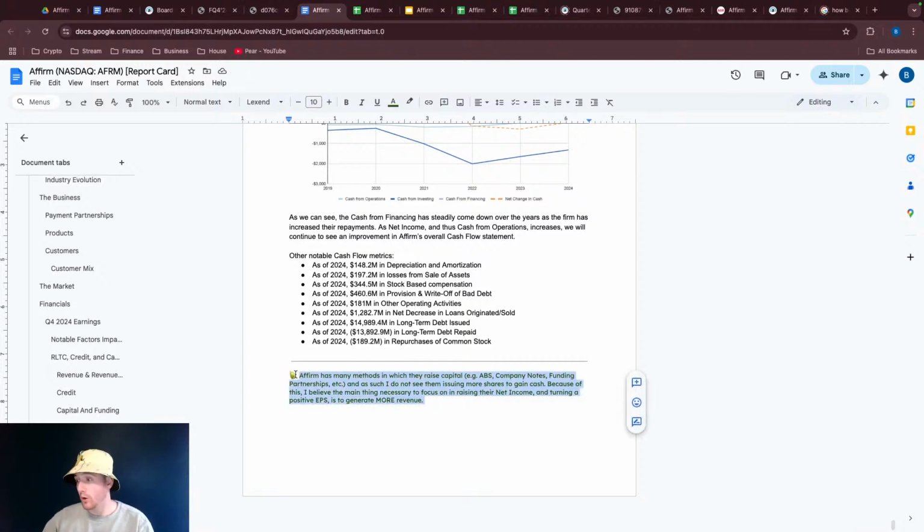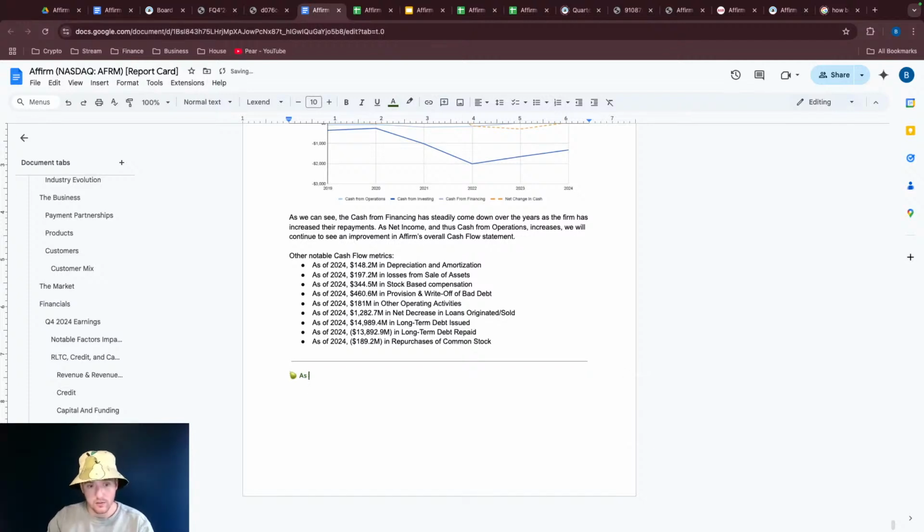Lastly, we're going to write how we feel about this. As seems to be a common theme in the latter half of this report card, the big question surrounding Affirm is that they carry a lot of debt.